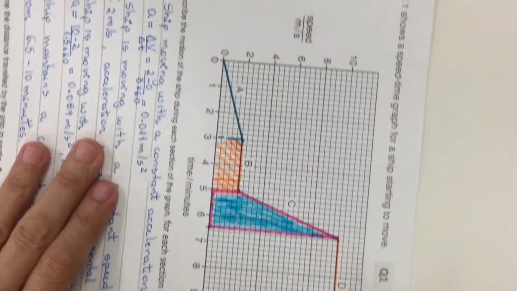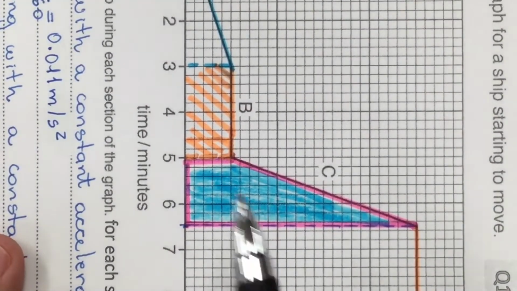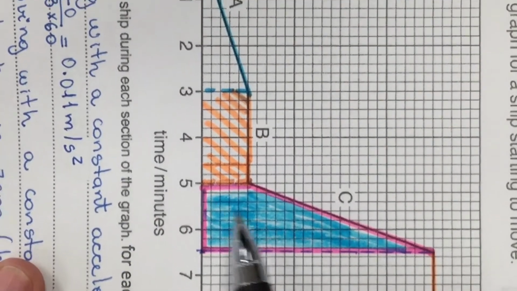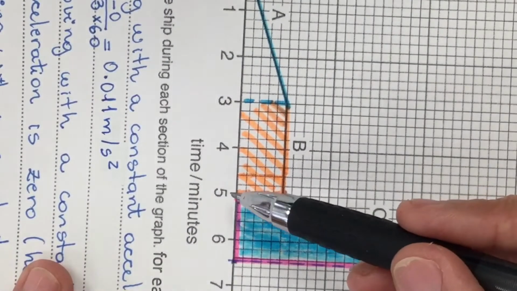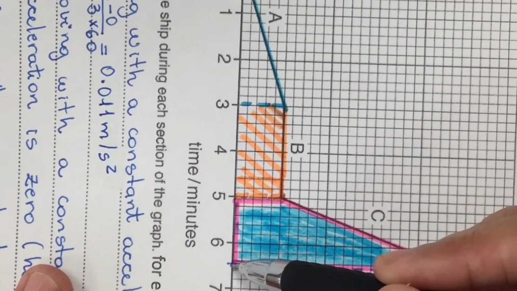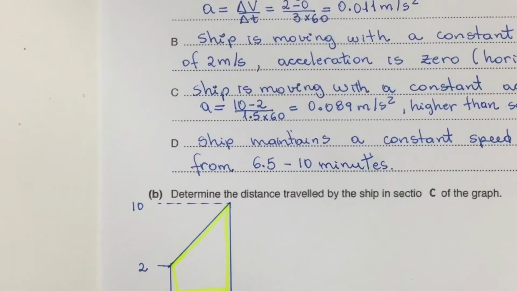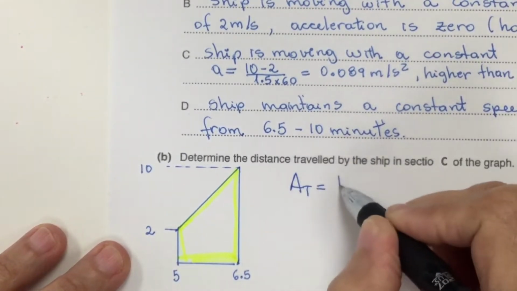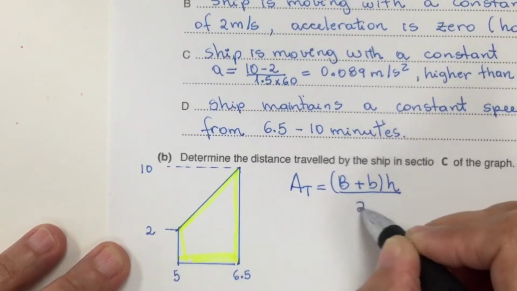If you turn the picture this way, we need to determine a couple of things. The big base, which is the longest line here, goes up to 10. The smaller base goes up to 2. And the height is the difference between 6.5 and 5. So here are the dimensions of this trapezoid. The area of a trapezoid is big base plus small base, times height, divided by 2.